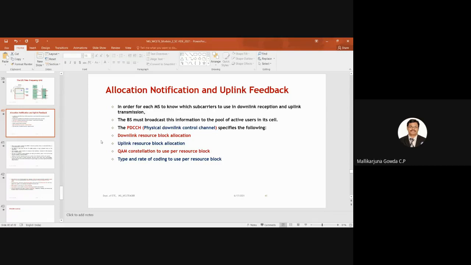So what will it carry? It will carry information about the downlink resource block allocation, uplink resource block allocation, QAM constellation to use per resource block, then type and rate of coding to use per resource block. So these four pieces of information will be there in the PDCCH.